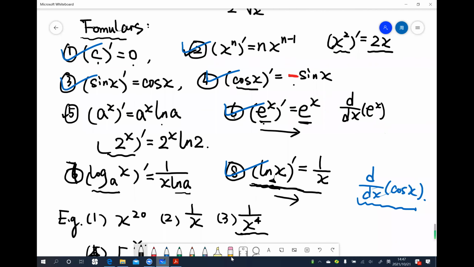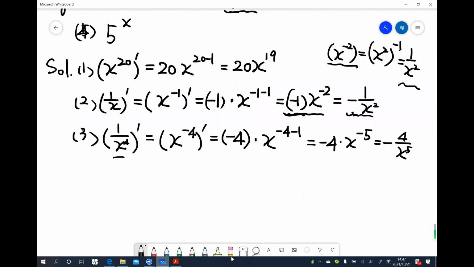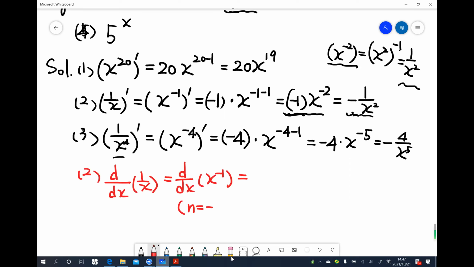So now we will try to explain number 2 and number 3 again. For number 2, I will write it again here. Now I want to calculate d by dx of 1 by x. That equals x to the power minus 1, right? We use the formula here, n equals minus 1.